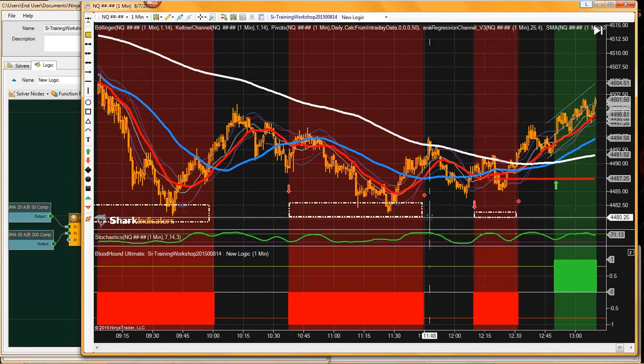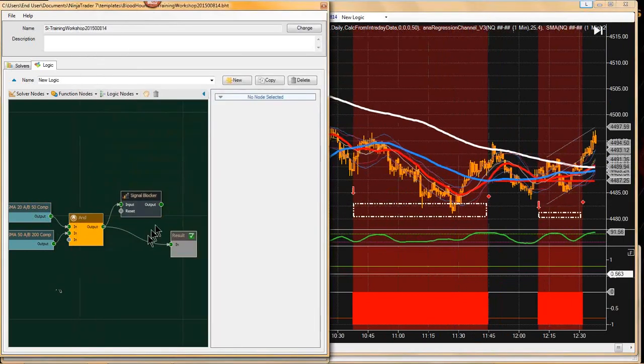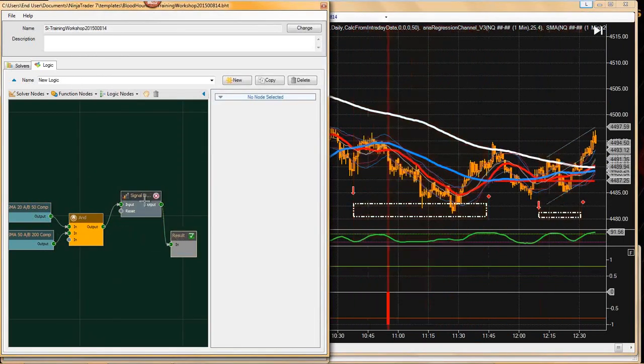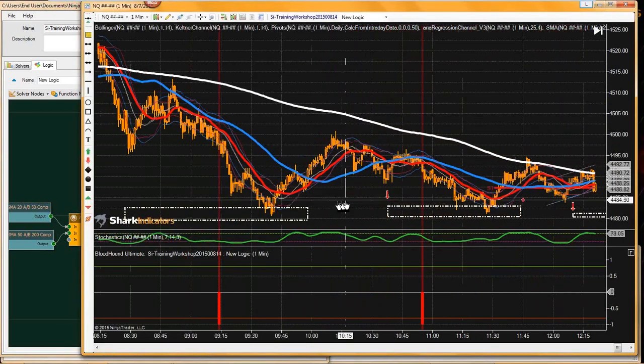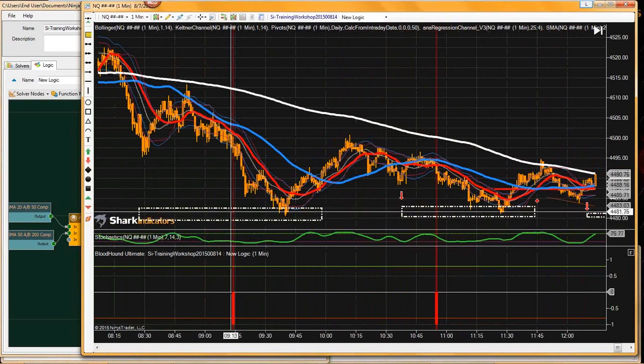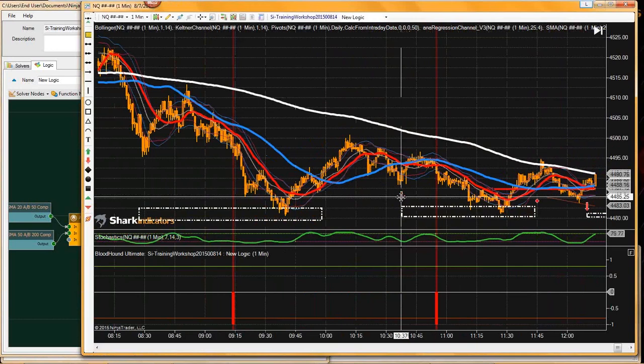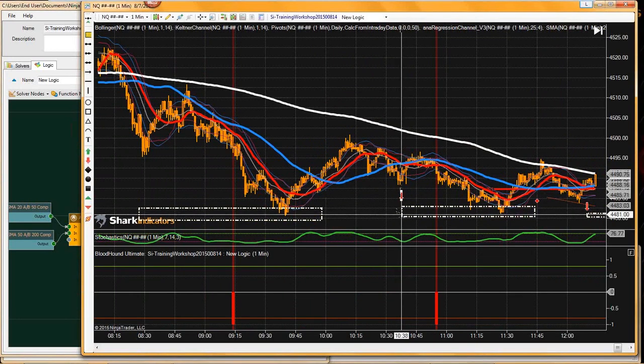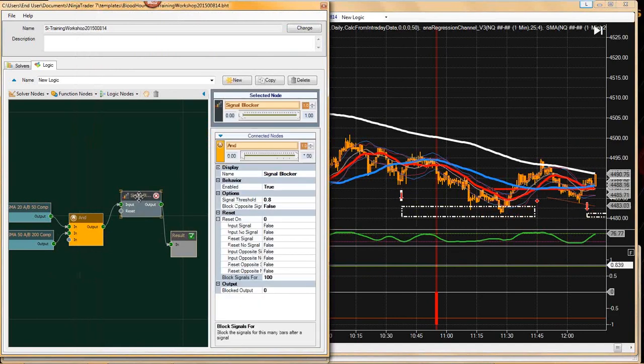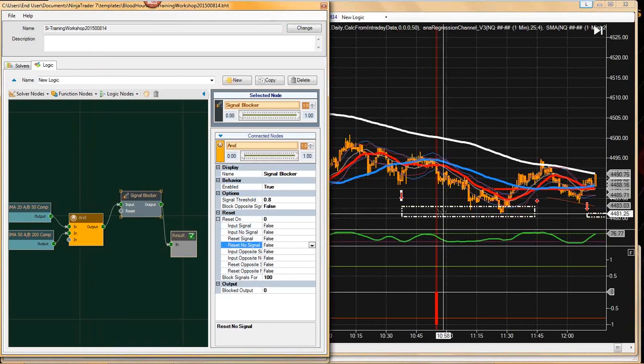It's kind of helpful to draw stuff on your chart so you can identify the areas here. So if I'm looking at the signal blocker, what happens is a signal came through and it blocked for 100 bars, and it was still blocking when we got the first short signal here. The signal blocker has all different kinds of ways that you can turn off the blocking.